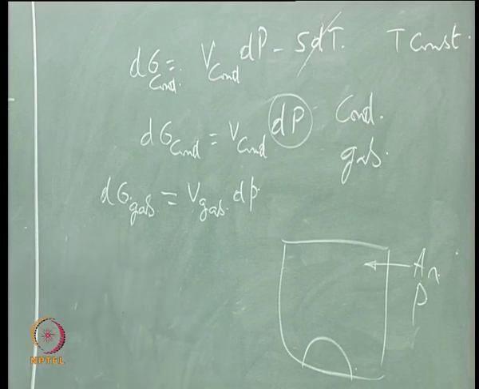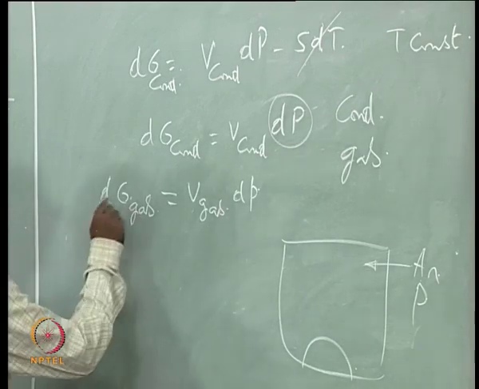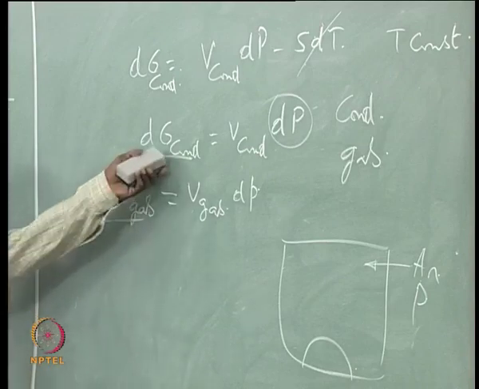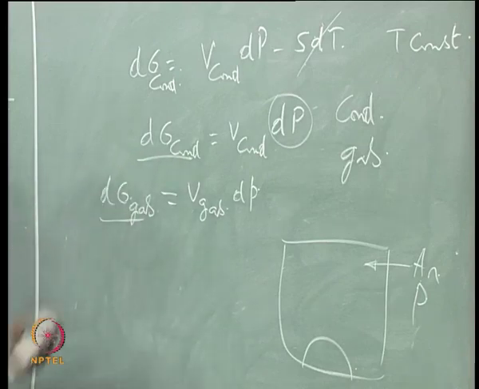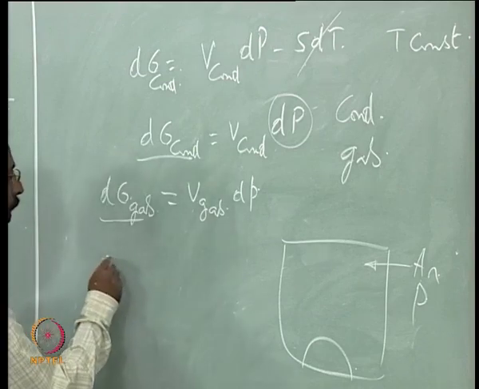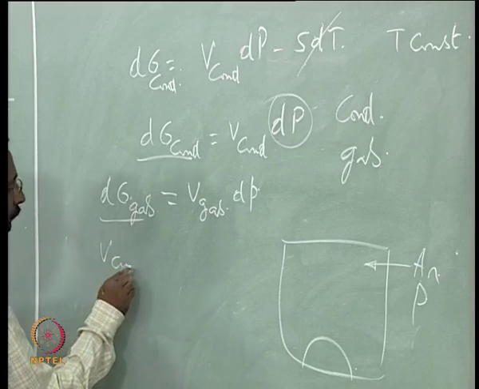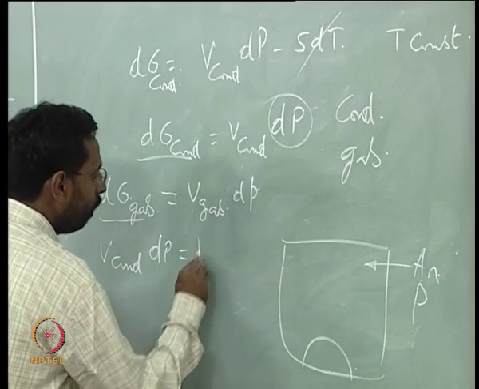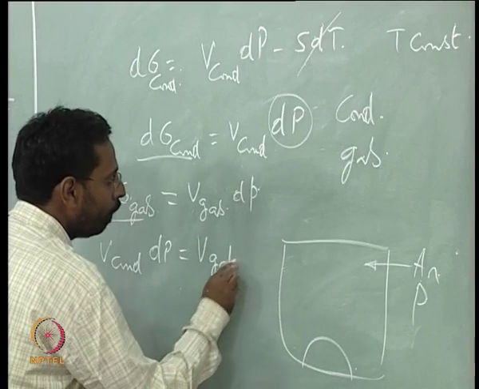In principle we can write this expression that way, and in such a case we can equate both of them. Because at a given transformation temperature the free energy of the gaseous phase and the free energy of the condensed phase should be the same, we can say V of the condensed into dP should be equal to V of the gas into dp.